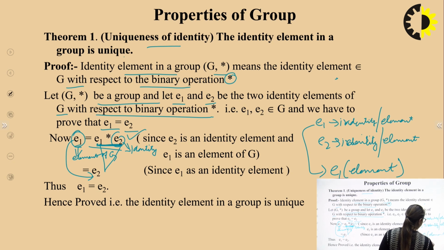So E1 is equal to E1 * E2, where E1 is the element and E2 is the identity element. But when we go to the right hand side, now E2 is the element, E1 is the identity, and we get E2 from here, and so we can say that E1 is equal to E2. So this proves that there is only one identity in the group.